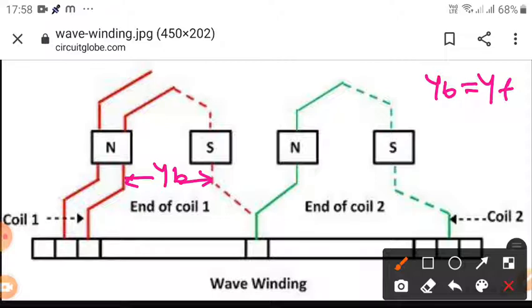Generally the back pitch and front pitch are preferred equal and odd numbers. Now you can see this distance from one coil to another coil is a front pitch. Here commutator segment 1 connects to 2, 3, 4, 5, 6 at a pole pitch and is connected here, continuous under the influence of one pole pitch.